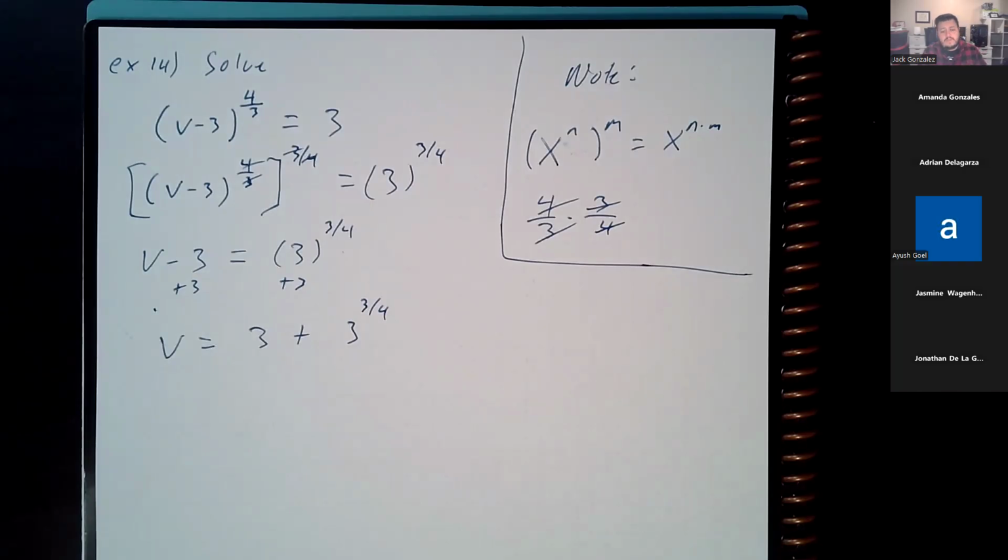So that's it. If you use a calculator, you get a decimal.